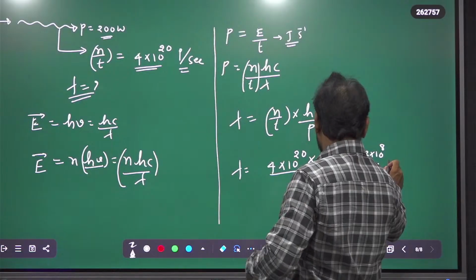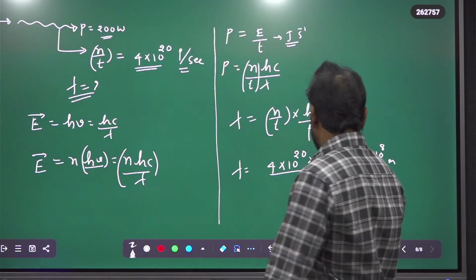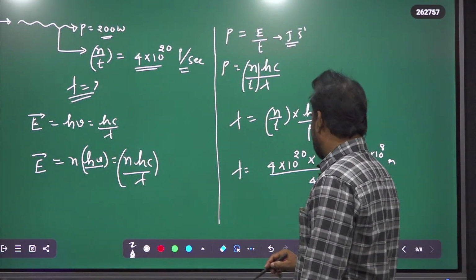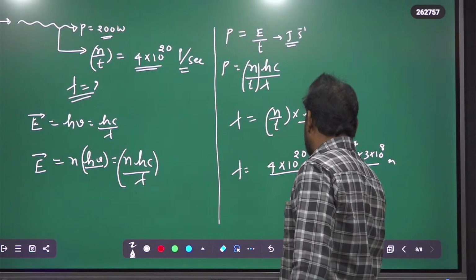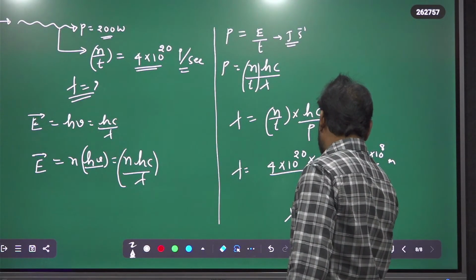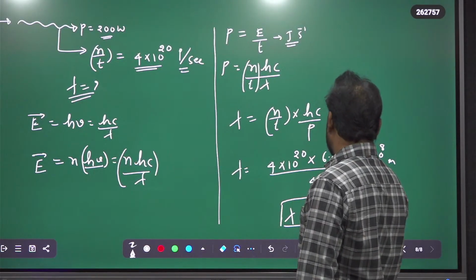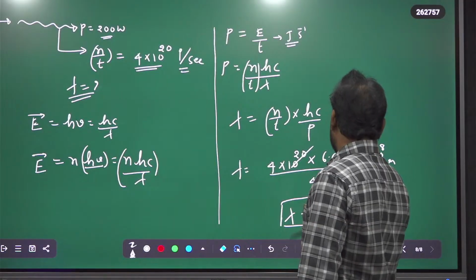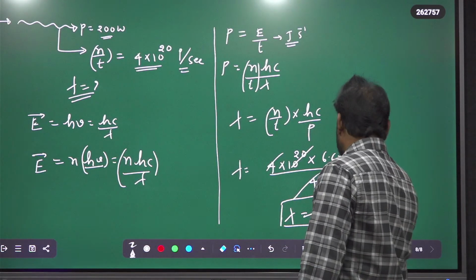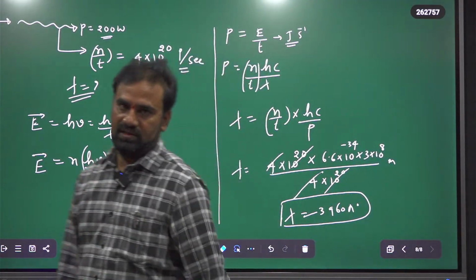You are getting the answer in meters. So we have to convert meters into angstroms, and lambda is equal to 3960 angstroms. Okay, you can simplify like this: 10 to the power of 20 will get cancelled out, and 4 also will get cancelled out. This you can simplify, you will get lambda is equal to 3960 angstroms.